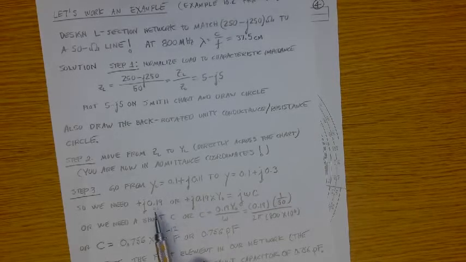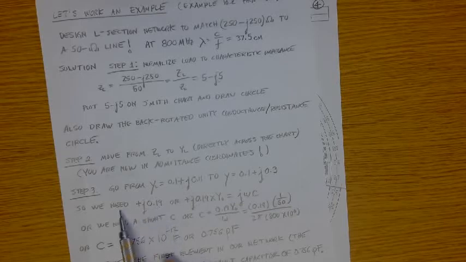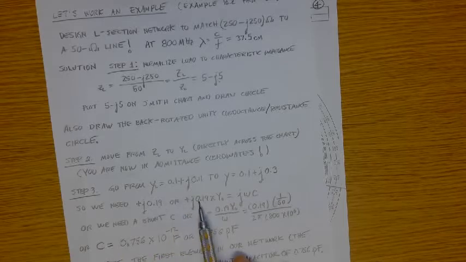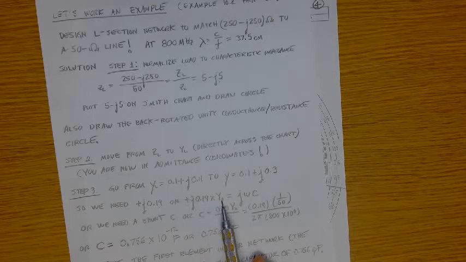I need to add a normalized susceptance of plus j0.19, or an honest-to-goodness susceptance of j0.19 times Y naught. I want to unnormalize.